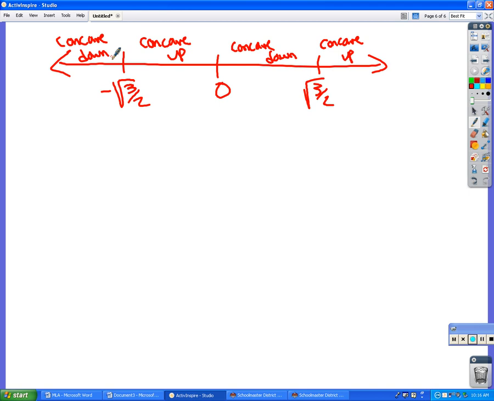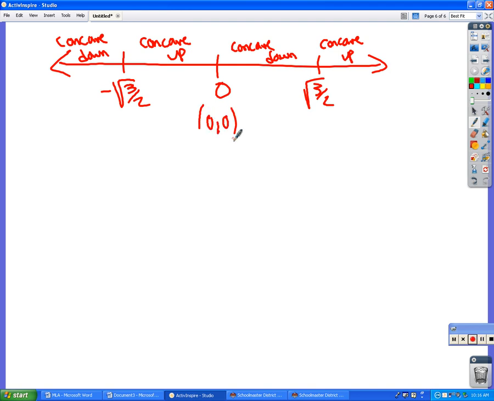Okay, so we got that going there, right? And then the inflection points are going to be these right here. And you can plug those into the original function. So it wants the y coordinates. Okay, the inflection points are, this is going to be 0, 0.